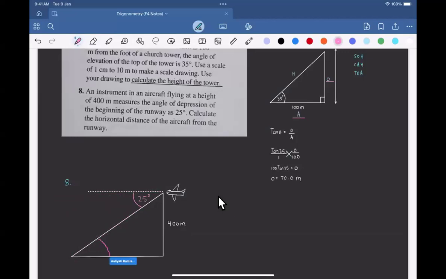Yes. And they want us to figure out what? What do you want me to figure out in the question? The horizontal distance of the aircraft from the runway. Show me which line we're trying to find.